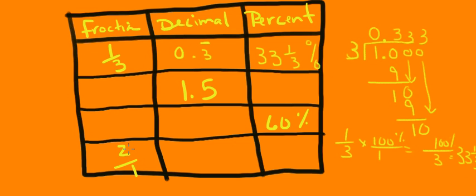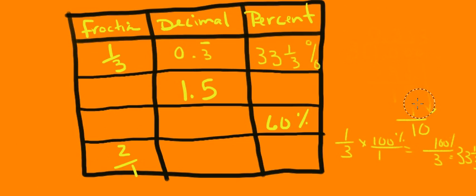So now let's do this. This is going to be for C. We have 1.5, and we want to make this a percentage. Let me erase my workstation over here and pick up my pencil again.